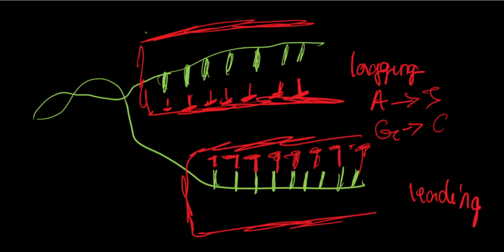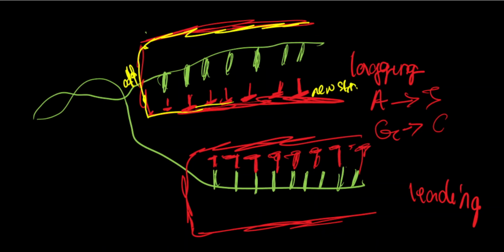Now, when we were taking a look at the assembly here, we saw that we simply have the DNA polymerase attaching all of these free nucleotides to the old strand. We have our old strand in green, and our new strand forming here in red.